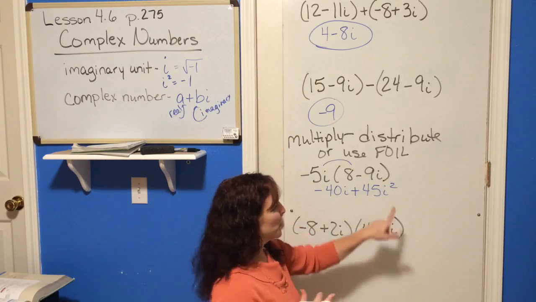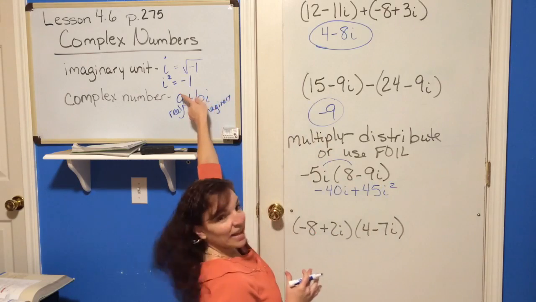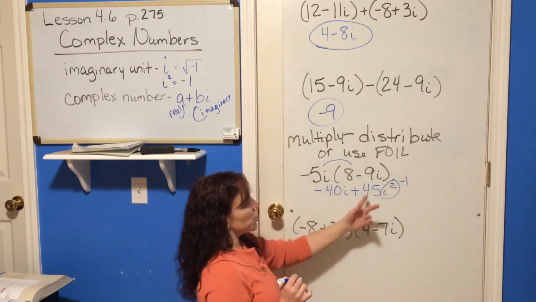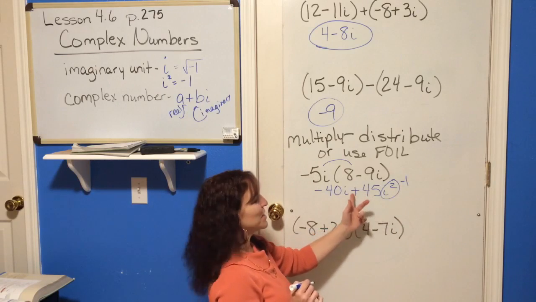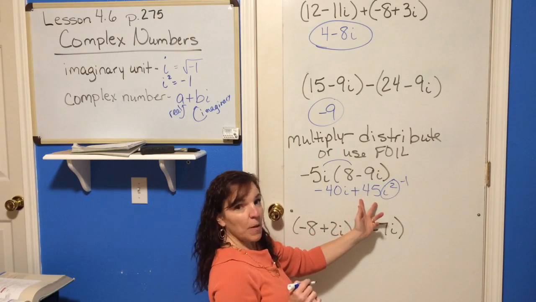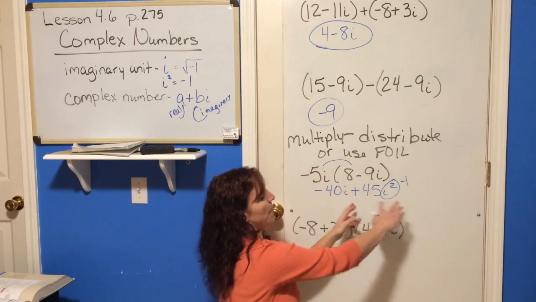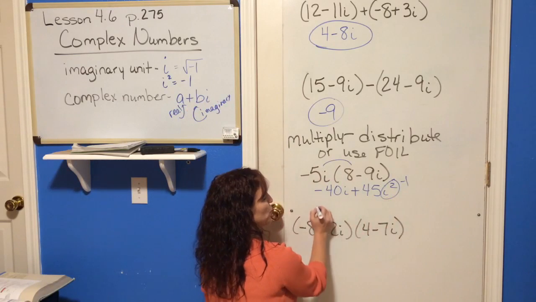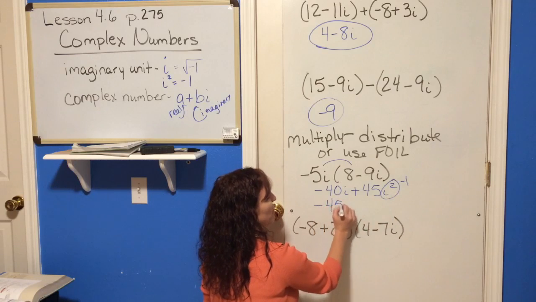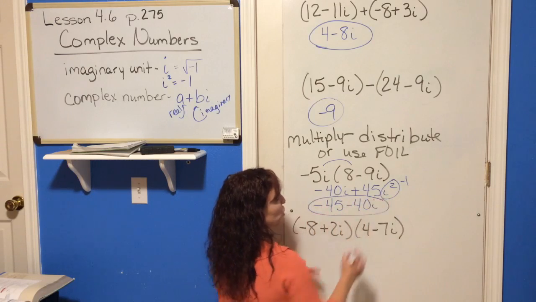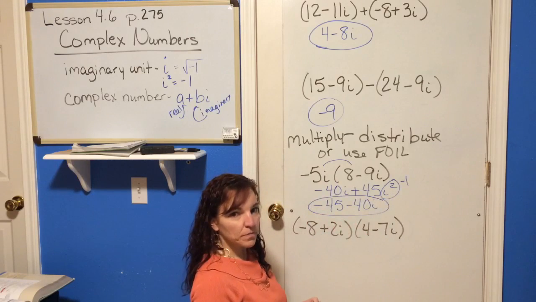Now remember, your i squared equals negative 1. So this 45 becomes a negative 45. And to put it into standard form, the real number has to come first. So negative 45 minus 40i is your final answer in standard form.